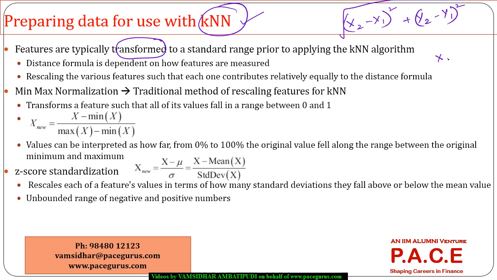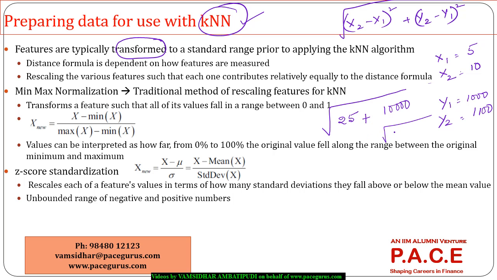Let's say x1 is 5 units, x2 is 10, whereas on the other side y1 is 1000, y2 is 1100. Now if you look at x2 minus x1 whole squared, it's only 10 minus 5 whole squared, which is 25, whereas y2 minus y1 whole squared is actually 10,000.